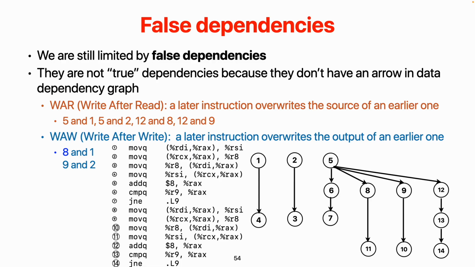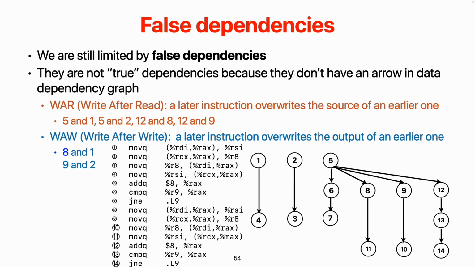The first situation is called write after read. It means that a later instruction is trying to overwrite the source of an earlier instruction. If we reorder this one, it would overwrite the RAX, which is the input of many instructions. So that's why we cannot reorder.